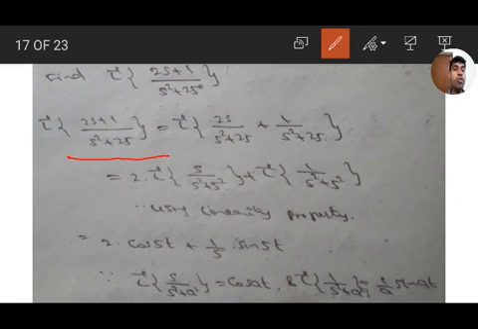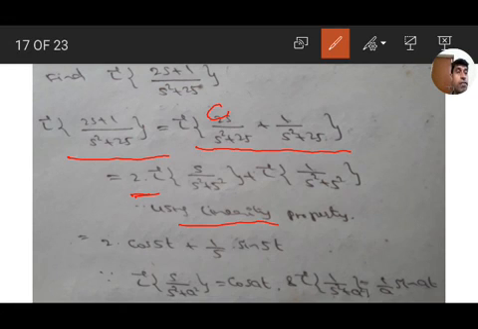L inverse of (2s plus 1) by (s square plus 25) equals L inverse of 2s by (s square plus 25) plus 1 by (s square plus 25), separate division. By using the linearity property, 2 is the coefficient outside: 2 into L inverse of s by (s square plus 5 square), plus L inverse of 1 by (s square plus 5 square).